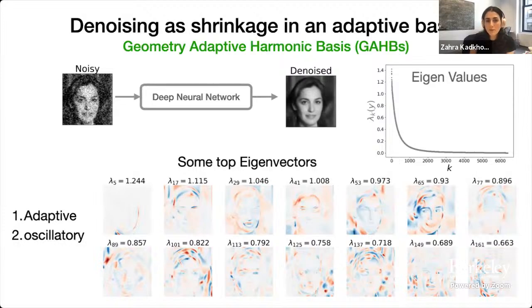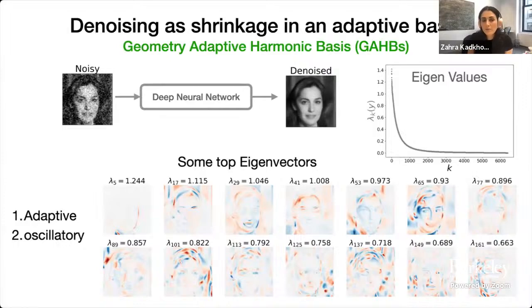These are some of them. They are adaptive to the underlying image, so you can recognize some parts of the underlying image in the eigenvectors. So if I change the image, I'm going to get a different set of vectors. So they're adaptive.